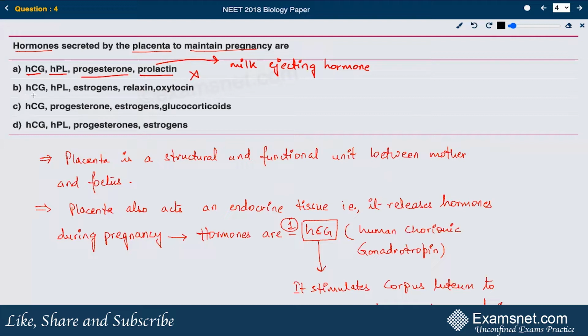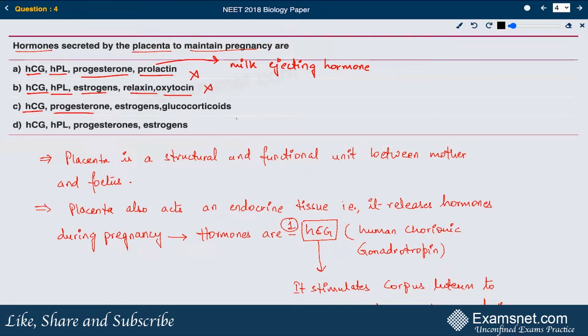Then this is HCG, HPL, estrogen, relaxin, and oxytocin. Oxytocin is a birth hormone, and relaxin is going to relax the muscles of the uterus. And these two hormones are not released by placenta. They are actually released by the mother, and that too during the later phases of pregnancy. So again, this is also not an option.